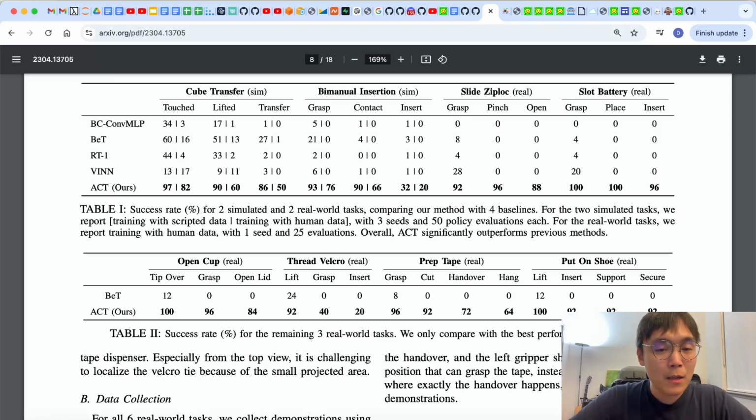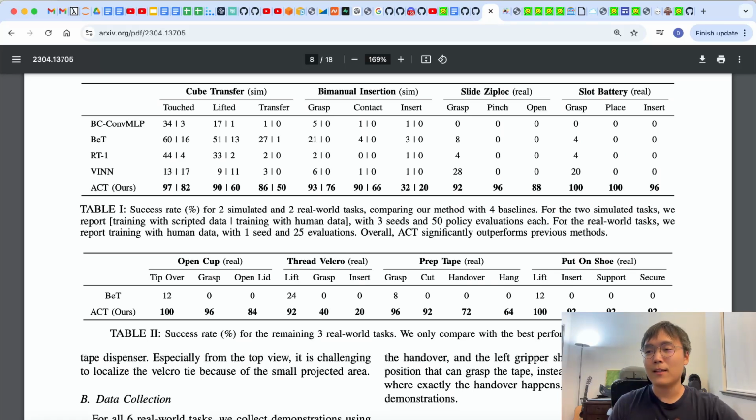So I thought that's the first reaction for me when I see these kinds of success rates. But this ACT model in particular has a somewhat different story. So this is imitation learning, so it learns from expert demonstration. So it's difficult to collect millions or billions of expert demonstrations for a certain task. That's not scalable.